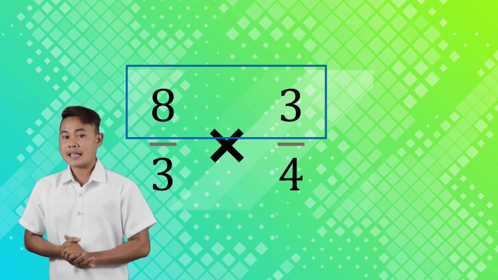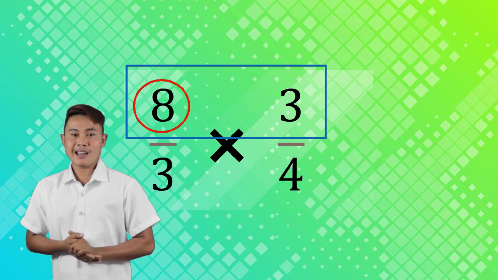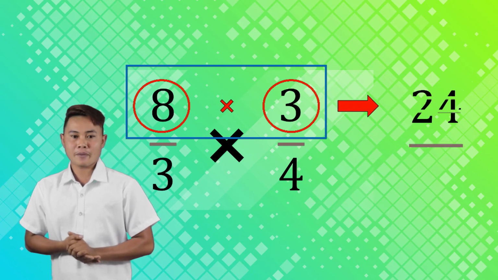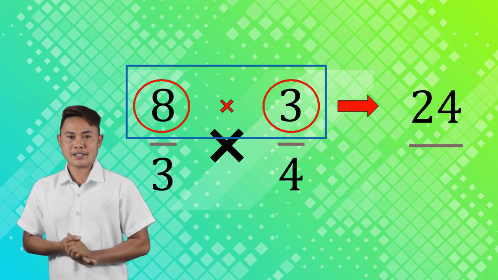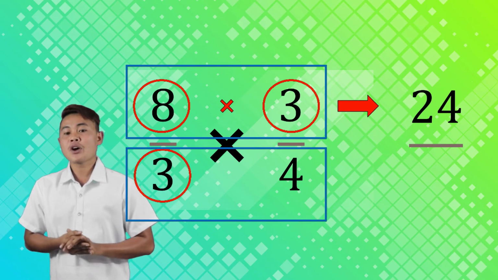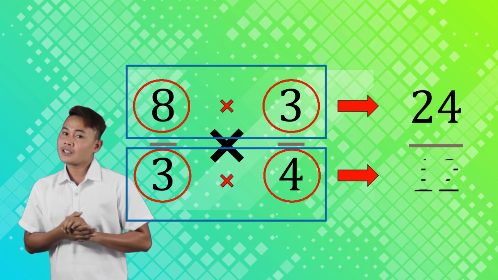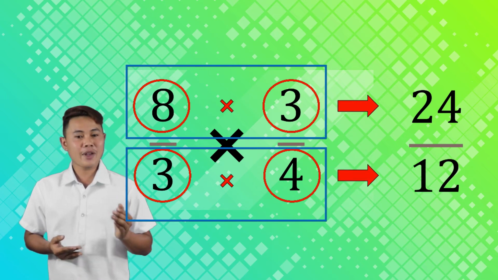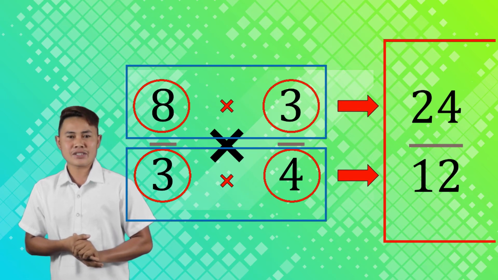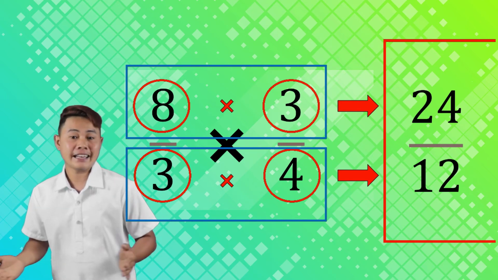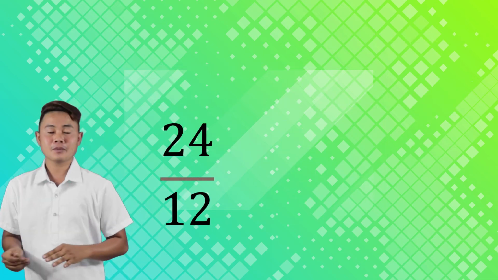Multiply the numerators. 8 times 3 equals 24. Then, multiply the denominators. 3 times 4 equals 12. And we have 24 over 12 as the answer. Finally, we have to reduce this to its simplest form.